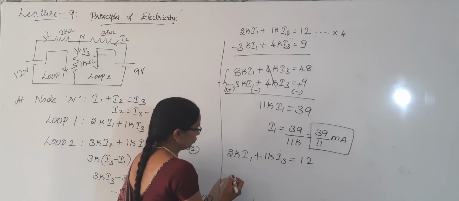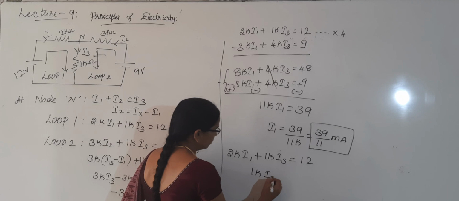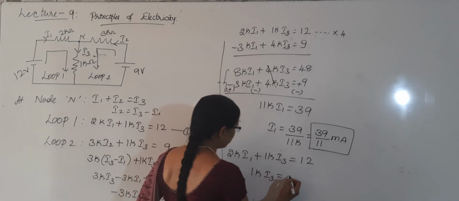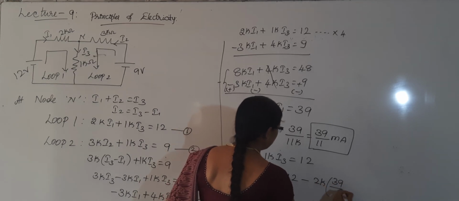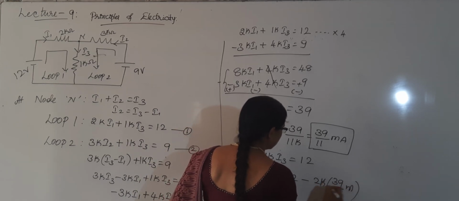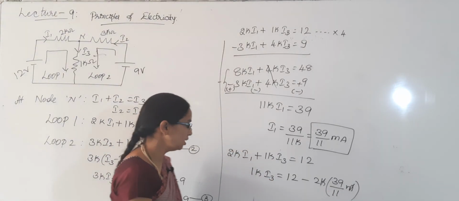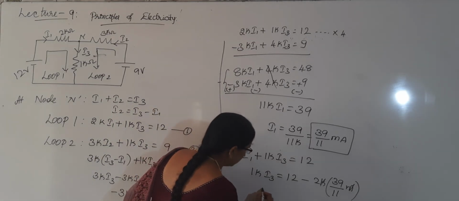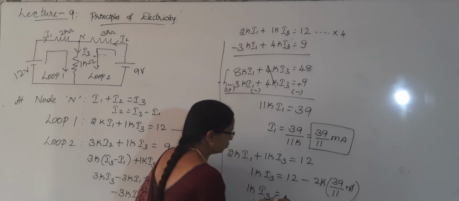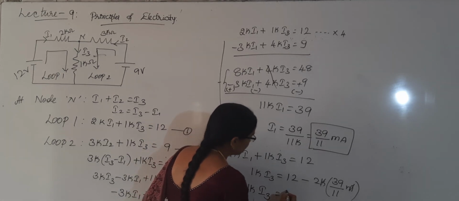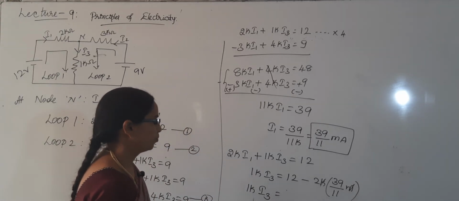I will substitute I1. 1 kilo into I3 is equal to 12 minus 2 kilo into 39 by 11. Milli and kilo get cancelled, it is 10 to the power of plus 3 and 10 to the power of minus 3. 1 kilo into I3 is equal to, take LCM and solve it.